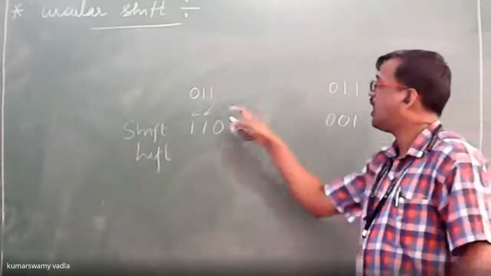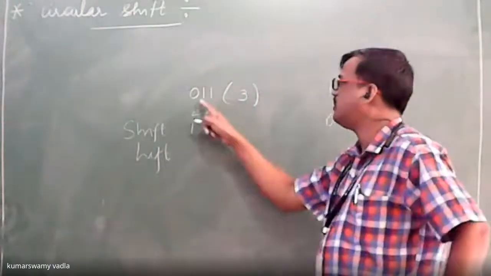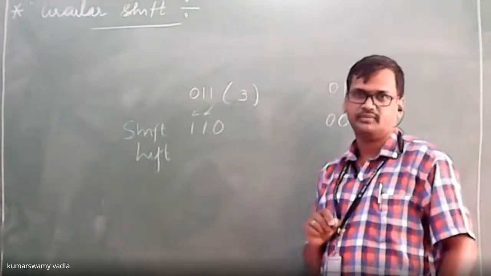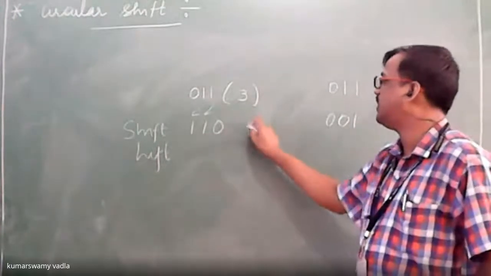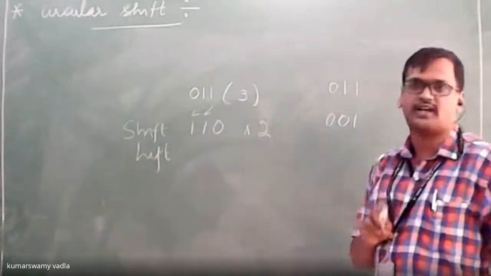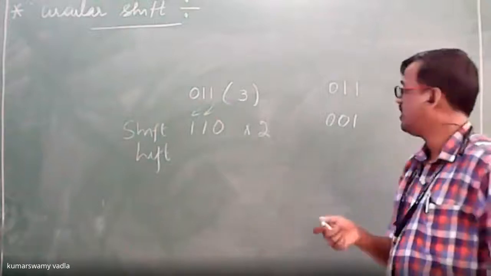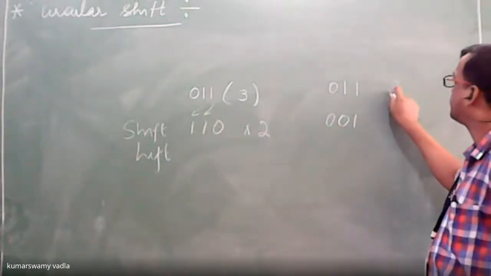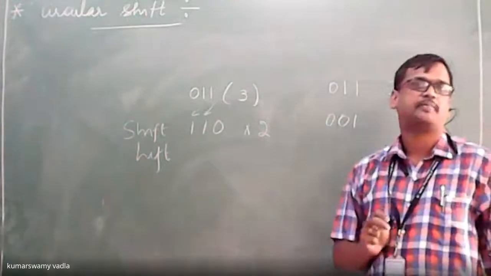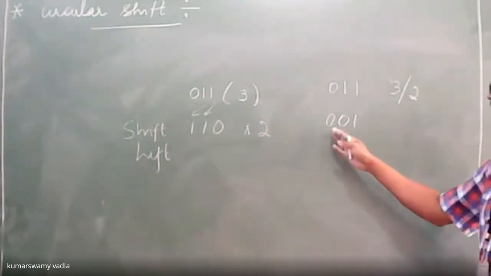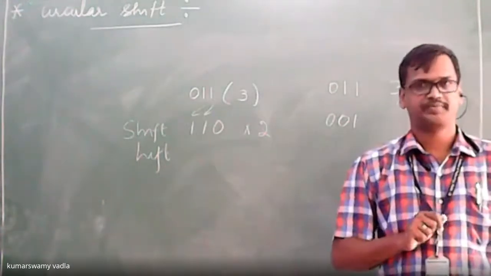See here, when I have a number 00011, that decimal equivalent is 3. When I just shift left, what does it mean? It multiplies by 2. You get 6. Here, what happens? It divides by 2 if I shift it right. Instead of giving 1.5 in binary values, it is giving you 1, omitting the point value.